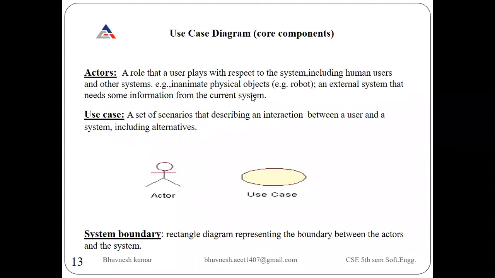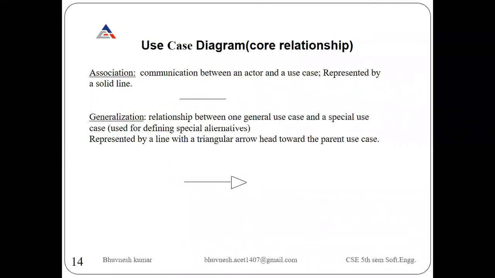In this, different components are used: there is an actor, there are use cases that are the goals, and there are the system boundaries. This is your actor, this is your use case, and the rectangle or block is your system boundary. Further, in a use case there are relationships. Association is a simple straight line: communication between an actor and a use case is represented by a solid line.